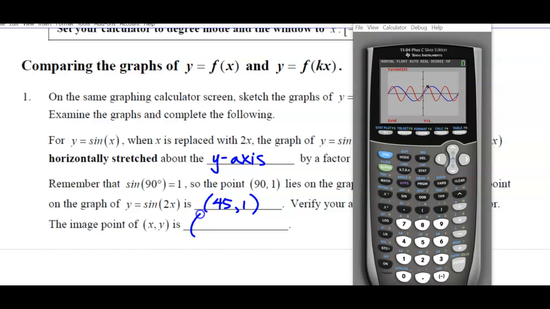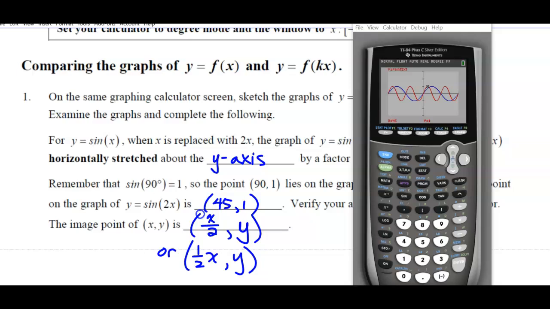So now here, this is going to be x over 2. Or you can get 1/2 x. Remember, those are the same. Okay, so when you're replacing x with something multiplied by x, it's a stretch.